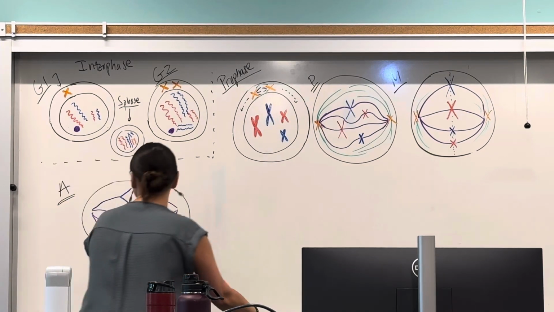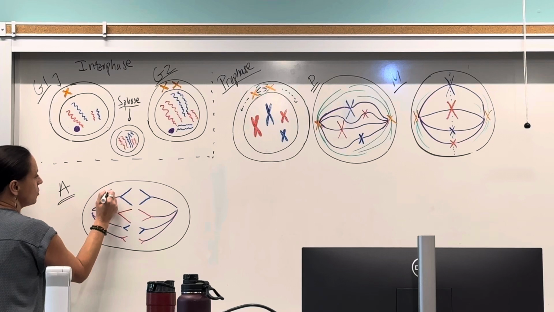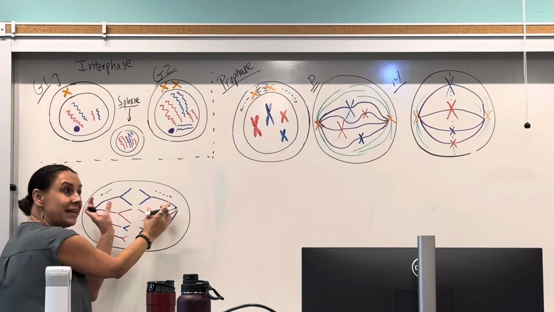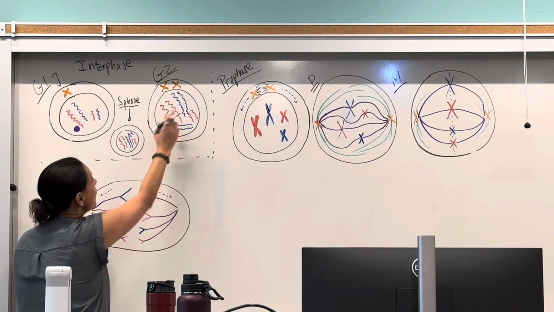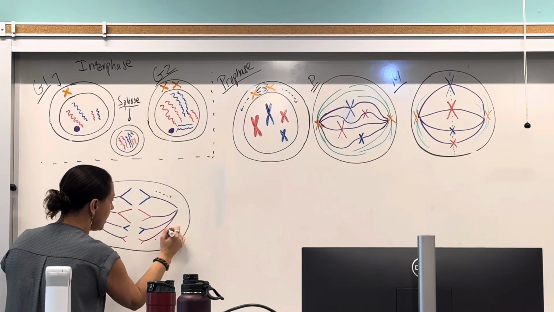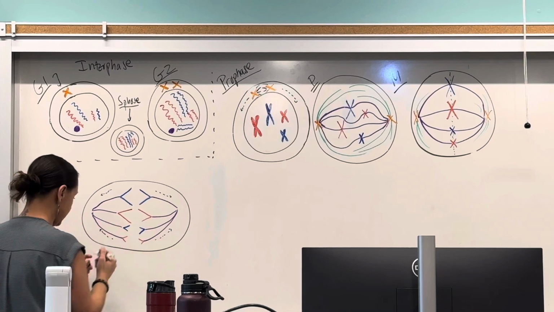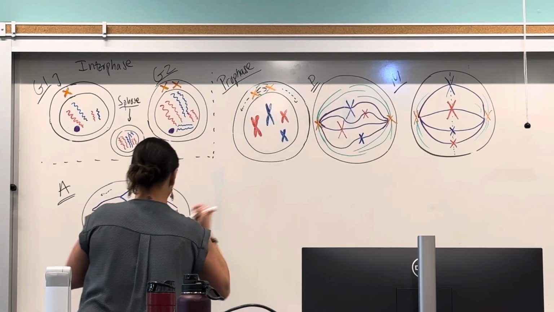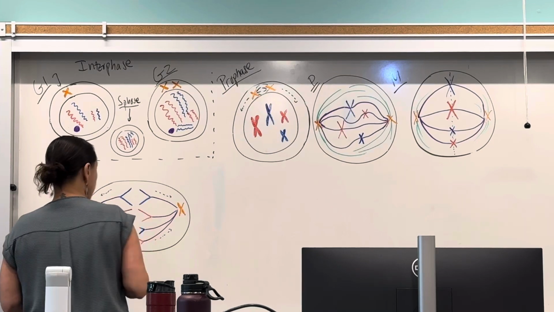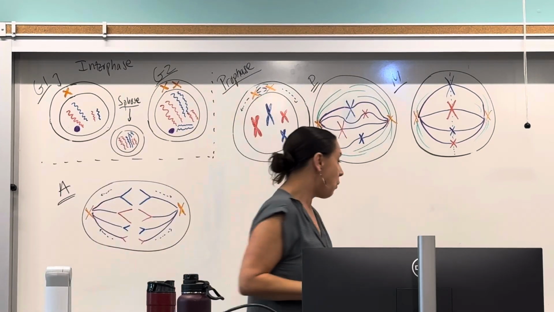And imagine the movement, because this is obviously a two-dimensional drawing, is this way, right? The kinetochore microtubules are now getting shorter. Before they were getting longer, now they're getting shorter, pulling the individual chromosomes to opposite poles of this cell. And of course, the centriole is helping with that. Okay?